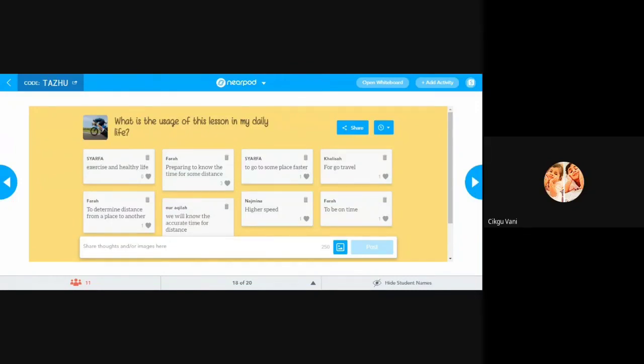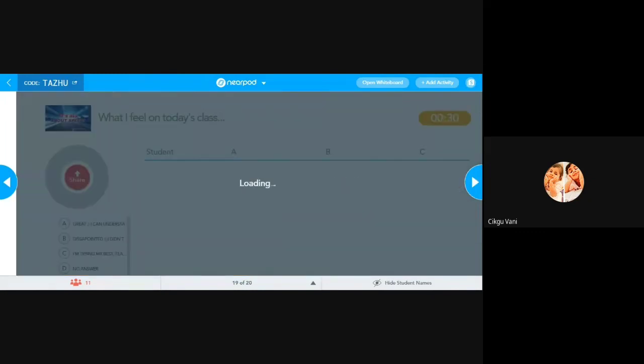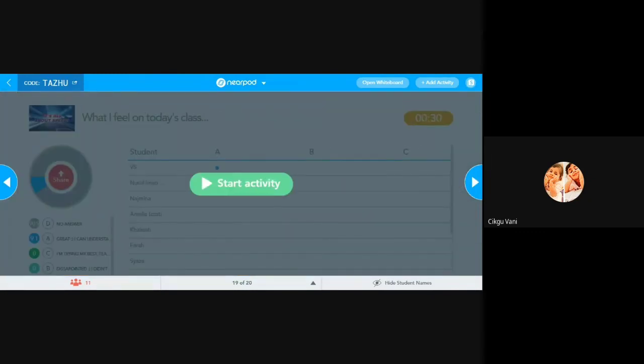Okay, we go to the last section, which is the poll. We're going to start this. Answer quickly. The question is, what I feel about today's class. There are 4 options, A, B, C, D. A is great, I can understand everything.